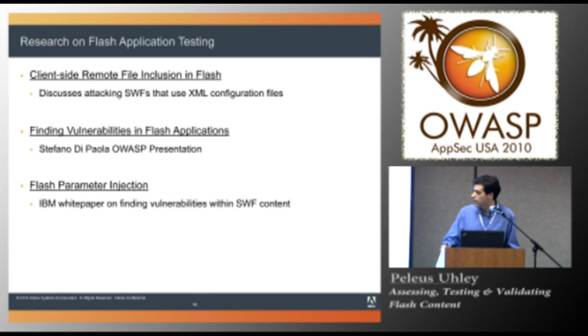And IBM also wrote a paper on Flash parameter injection, where they go through these techniques in deeper detail. And like I said, all of these links are on the OWASP Flash Security Project website. So as long as you can jot down the titles, you'll be able to find them later. And it goes into more detail about how you can do those attacks.